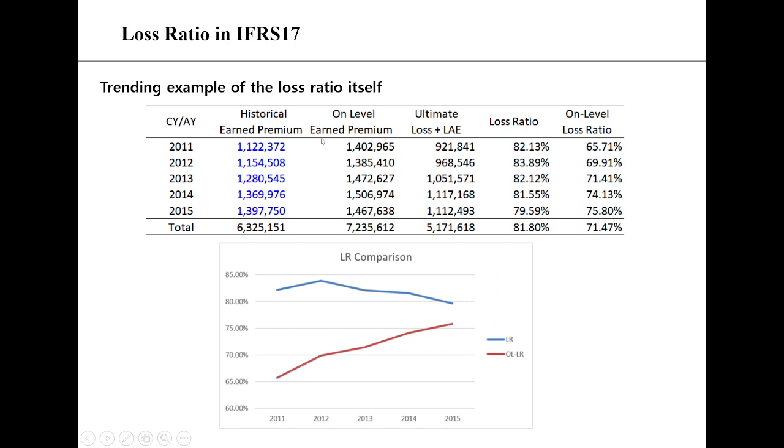Because the denominator on this side is much smaller. Right? Oh, no, no, on-level is the inflated one. So your denominator is bigger and the loss ratio tends to be lower. So once I have a look at this type of loss ratio trend, you fit this one using, let's say, regression.